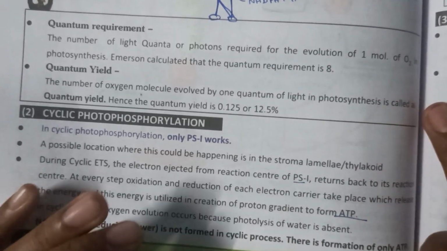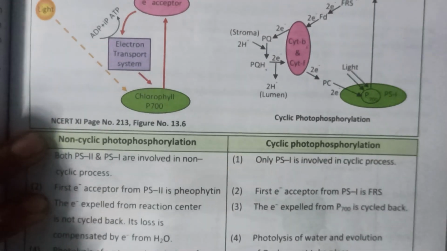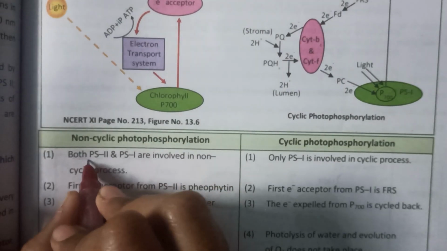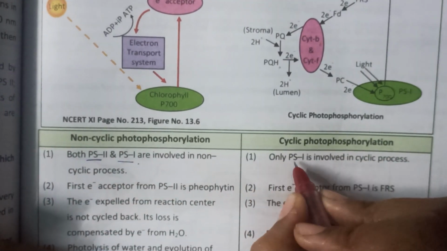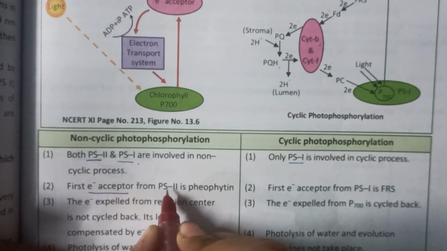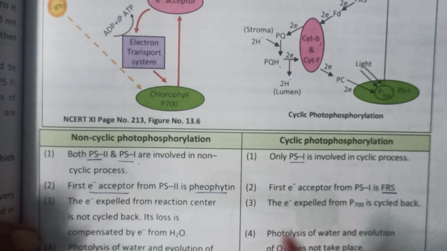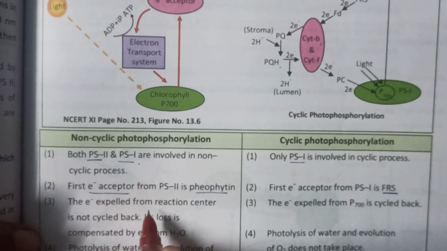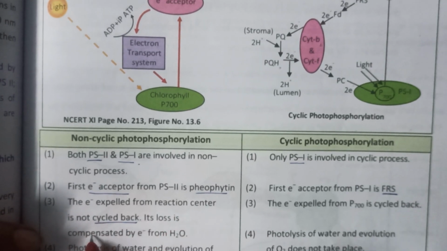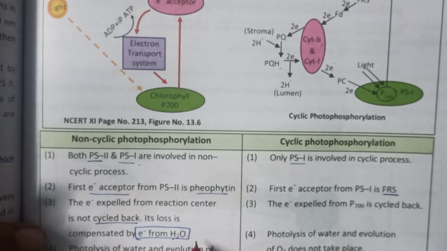Here comes a general differentiating table for cyclic and non-cyclic. In non-cyclic, both photosystem 2 and 1 are present, but in cyclic only photosystem 1 is present. The first electron acceptor here is phaeophytin, here is FRS. Here the electron expelled from the reaction center is not cycled back, because its loss is compensated by electrons from photolysis of water.